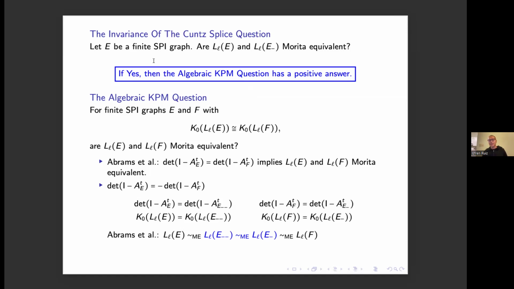And really, the main point I want to make is that it's not just whether the Leavitt path algebra of E and its Cuntz-Splice are Morita equivalent. It's really: if you take a graph E, Cuntz-Splice it, then double Cuntz-Splice it, are those Morita equivalent?